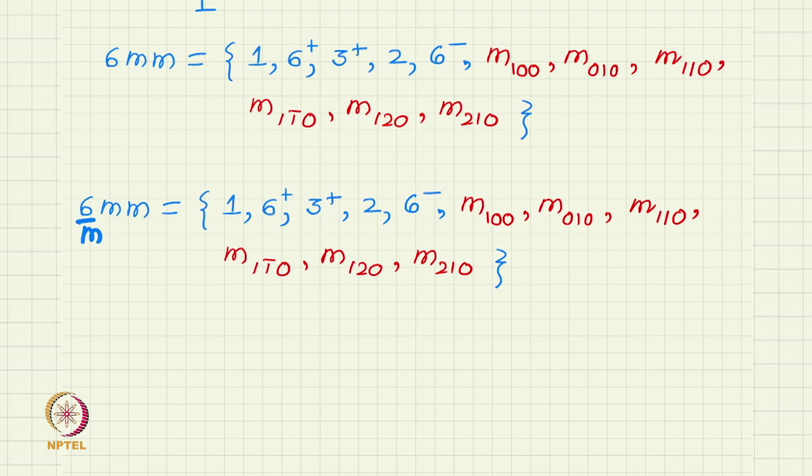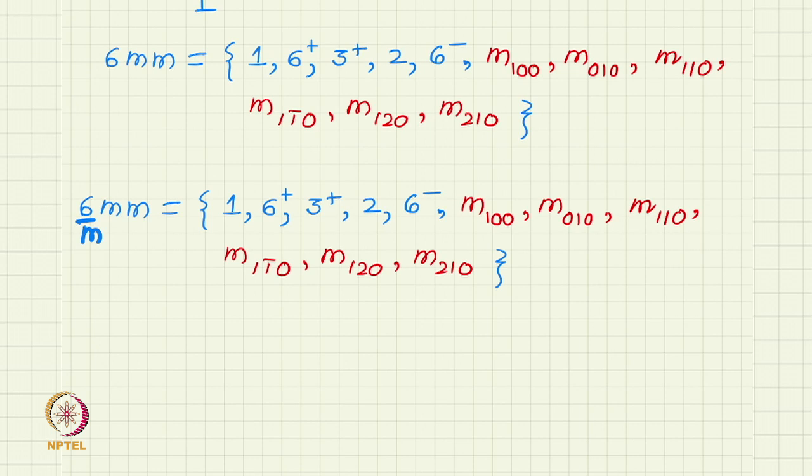Note one thing, probably whether I have told you or not: this is one way of writing 6 by mm, which clearly shows that there is one mirror plane perpendicular to the sixfold and two other mirror planes parallel to the sixfold.